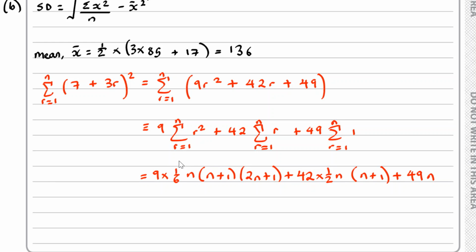So a sixth times by n, a sixth times by 9, that's 3 over 2. So we have 3 over 2 n lots of n plus 1 lots of 2n plus 1, and then we have 21n lots of n plus 1, and then we have 49n.